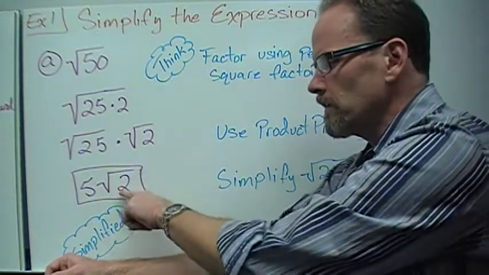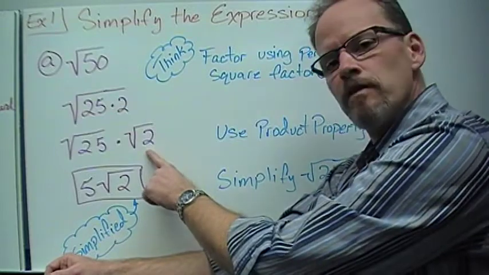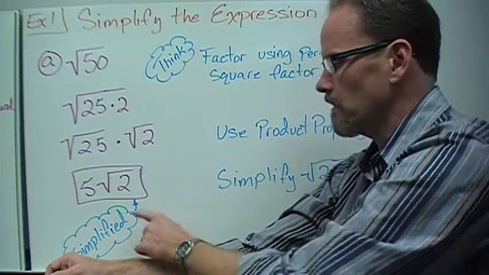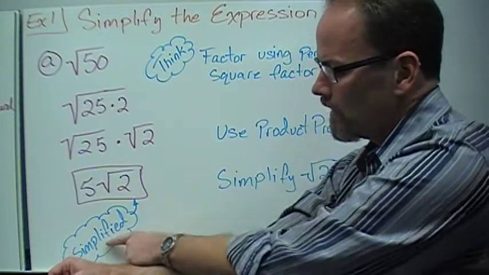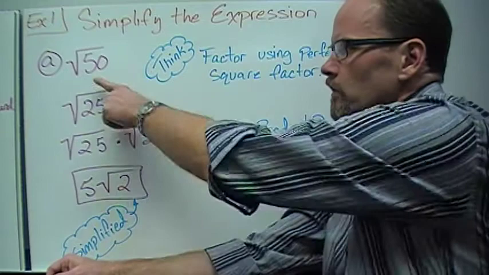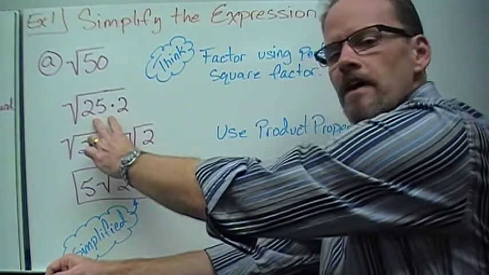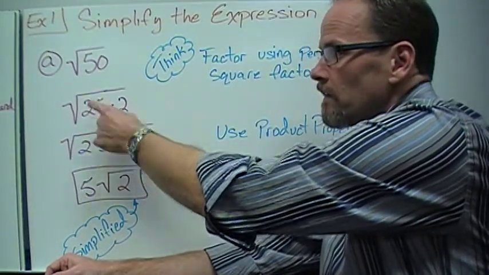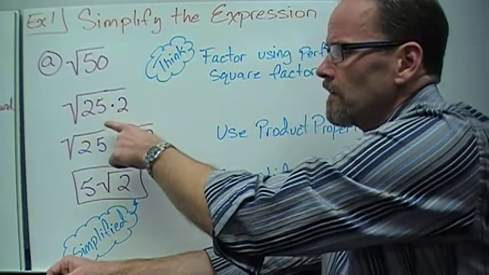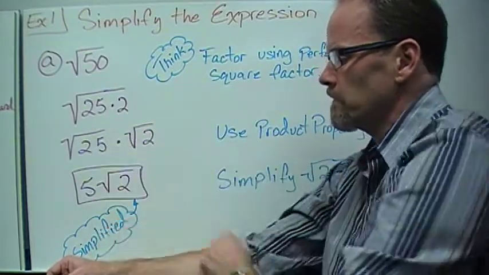Remember, if I do not have a perfect square under here, we're allowed to leave the square root sign with that radicand right there. And so that is simplified: 5 square root of 2. All I did is go from 50, I thought of a perfect square that goes into 50. It's actually, 25 is a factor of that, and worked it out from there.